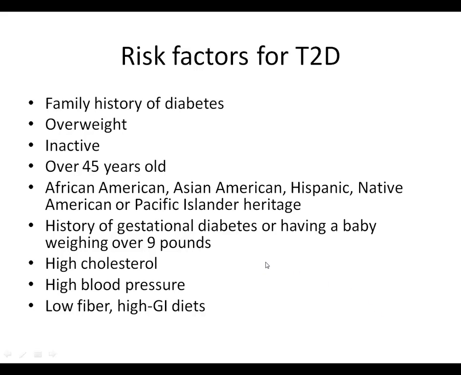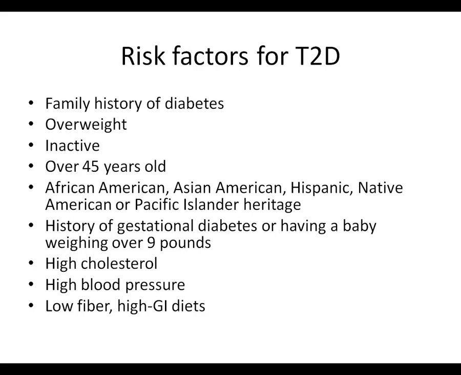So one way to try to figure out what is that environmental factor is to do some epidemiological studies and look at what are the risk factors for type 2 diabetes for those who have it compared to those who don't. What do those who have it have in common, which those that don't have?